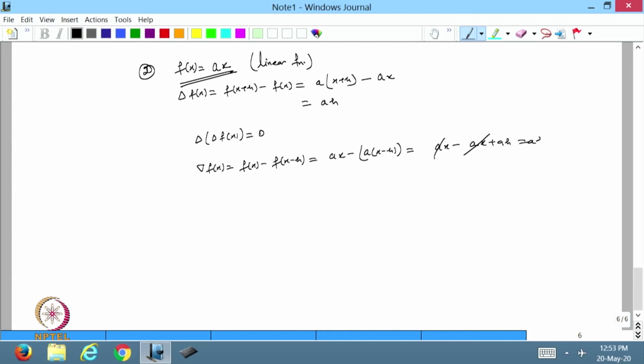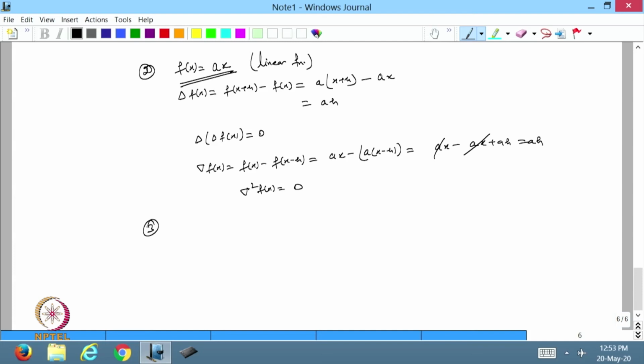So, this will again be the same value ah, and if I apply the backward operator 2 times, its value will be 0. So, from here we are able to understand that if my function is a linear function, I can apply any operator only one time. If I apply the operator one time, its value will be constant, and 2 times its value will be 0.